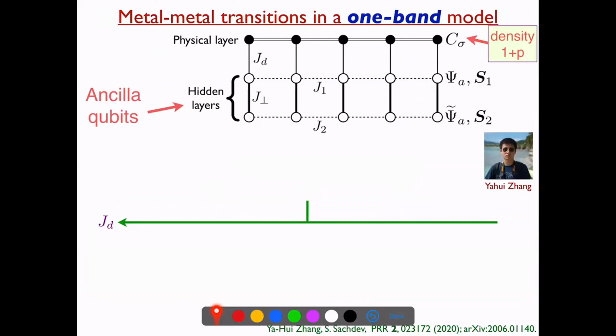So I'm going to give you two different ways of thinking about this transition in a one-band model. One is due to Yahui Zhang, who's a postdoc at Harvard, which plays a little trick. It gives you at least a theory for how such a transition can happen in a one-band model. Again, I won't go into any detail other than just sketching the outlines of the argument.